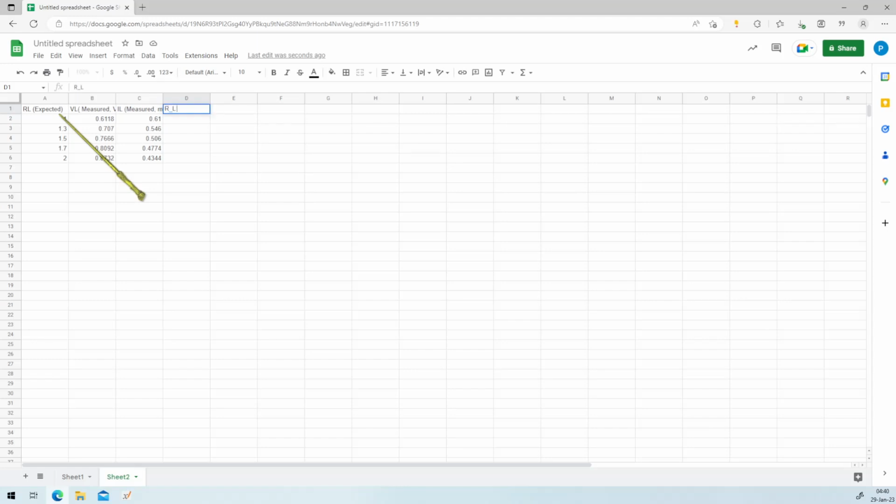We can find RL, the load resistance of the experiment, to be just VL over IL. So it equals this one divided by this one. We can also find PL. PL is just this times this.